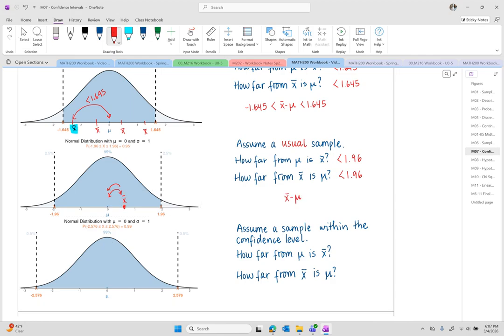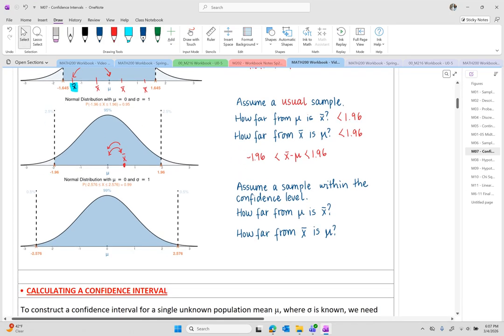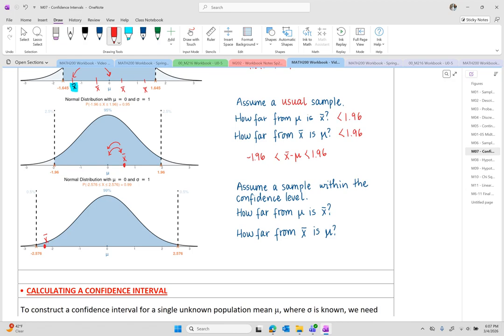And in terms of regular numbers and not absolute values, this difference will be some positive number less than 1.96 or some negative number greater than negative 1.96, coming closer to 0. And if you're at the 99% confidence level, 99% of the time your sample mean will be less than 2.576 standard deviations away from the mean.